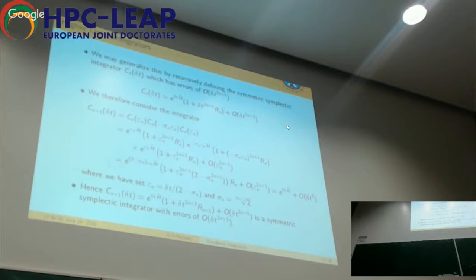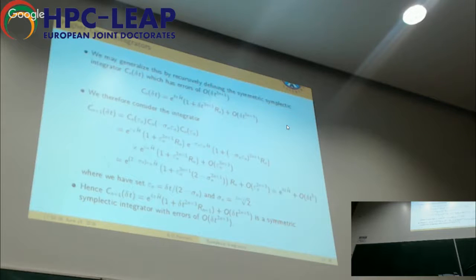So what we'll do is we recursively define a symmetric symplectic integrator, which I'll call C sub n, with a step size of delta tau, which has errors of order delta tau to the 2n plus 1. So this was what the subscript 1 was doing on the leapfrog integrator and 2 on the lowest order Campostrini integrator. So let's suppose we managed to construct a C sub n of that sort.